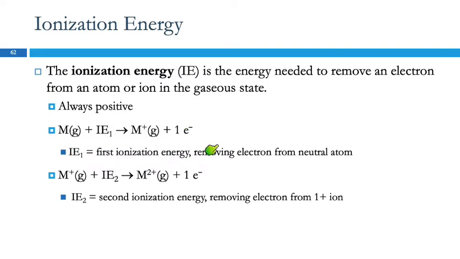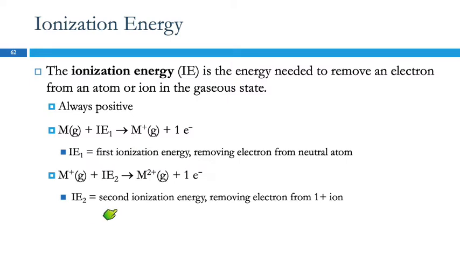So what this means here is you have an element M, and this is always done in the gas state. We don't need to worry about that. We add the ionization energy, and we pull an electron off, and that gives us a +1 ion. We can do this again.